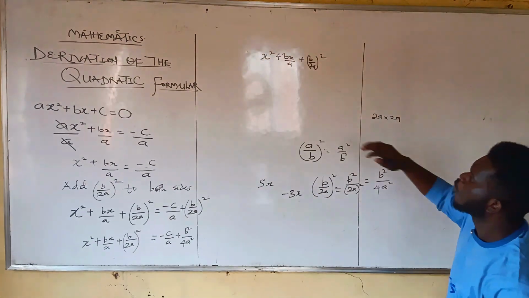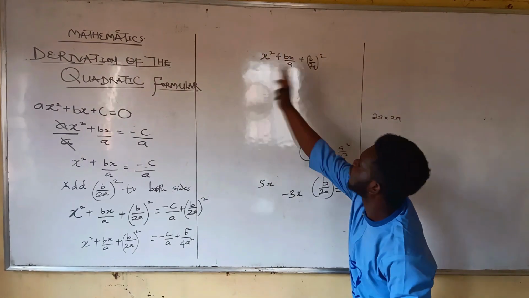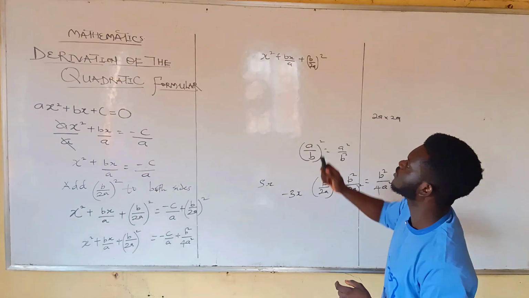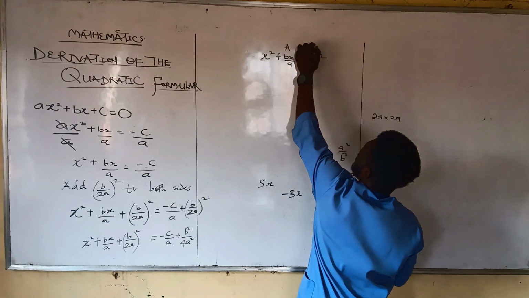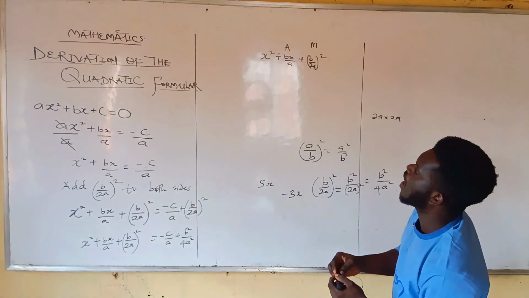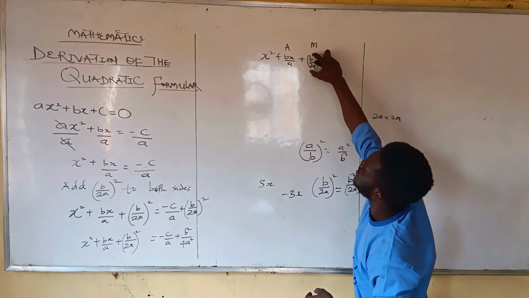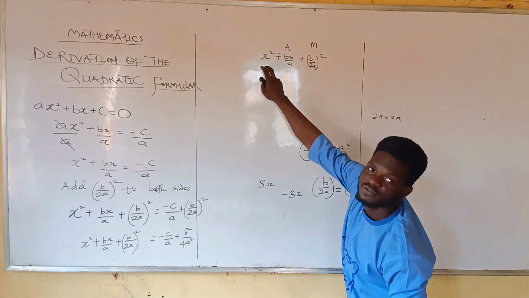Now we want to try and factorize this equation. I always tell my students this very beautiful trick. There's what we call AM, an algorithm or a mnemonic. It means addition, multiplication. Now we are going to take this last one here and multiply it with the first one.